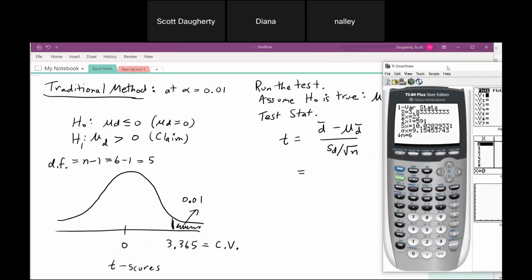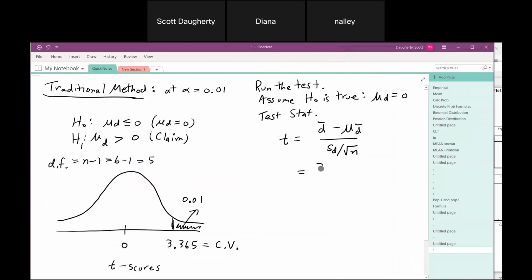So D bar is 3.833333. Now, mu sub D bar, you remember from the central limit theorem, the mean of the D bar values is the same as the mean of the, we called them X bar values. The mean of the X bar values was the same as the mean of the X values.